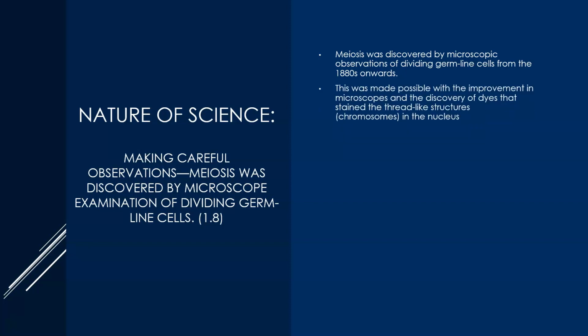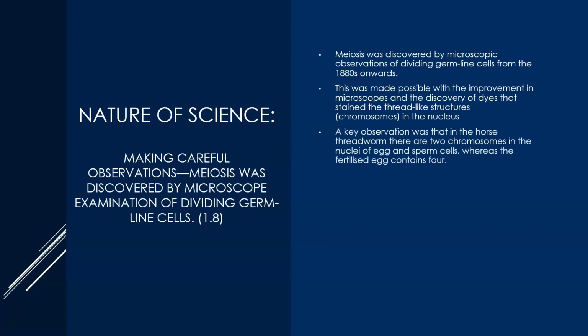This was made possible with the improvement in microscopes and the discovery of dyes that could stain these thread-like structures in the nucleus, which we now know as chromosomes. A key observation was that in the horse threadworm, there were 2 chromosomes in the nucleus of an egg and sperm cells, whereas the fertilized egg contained 4.